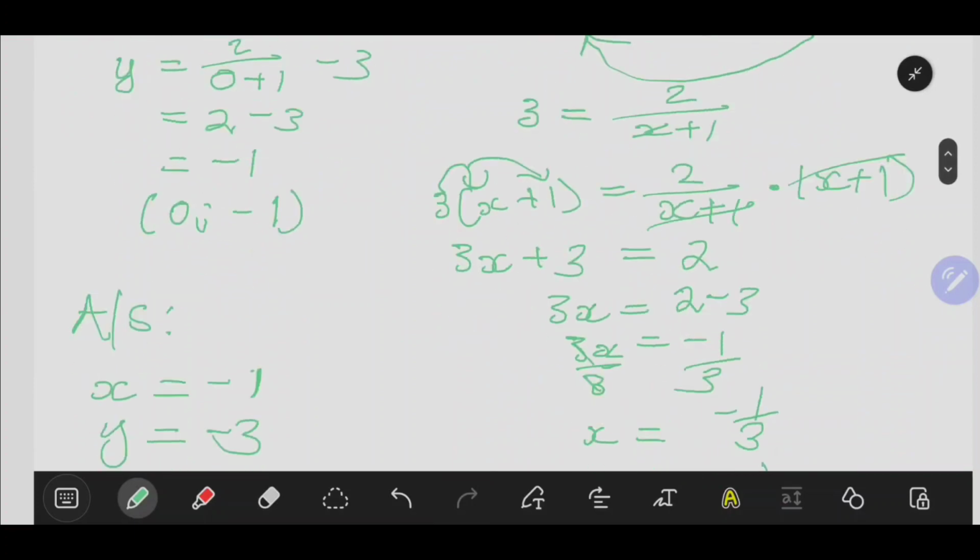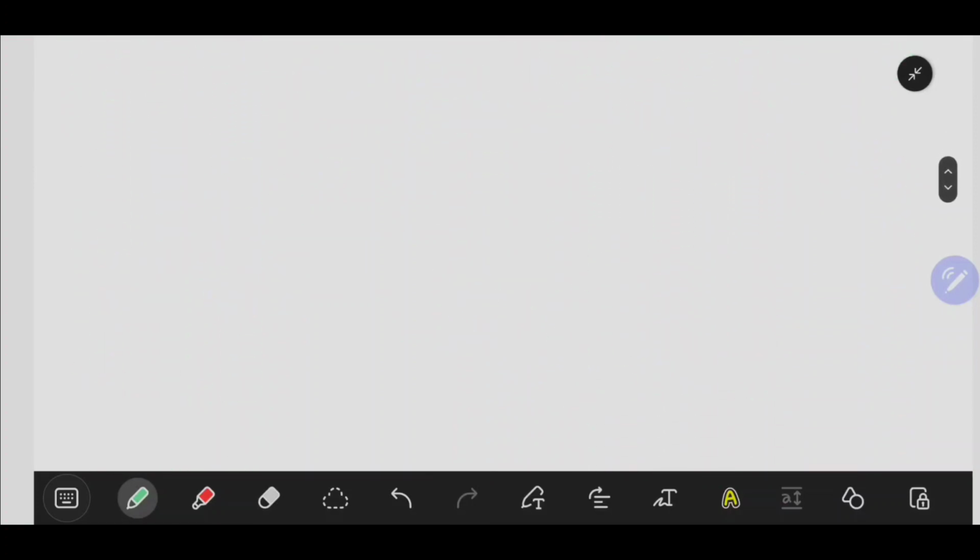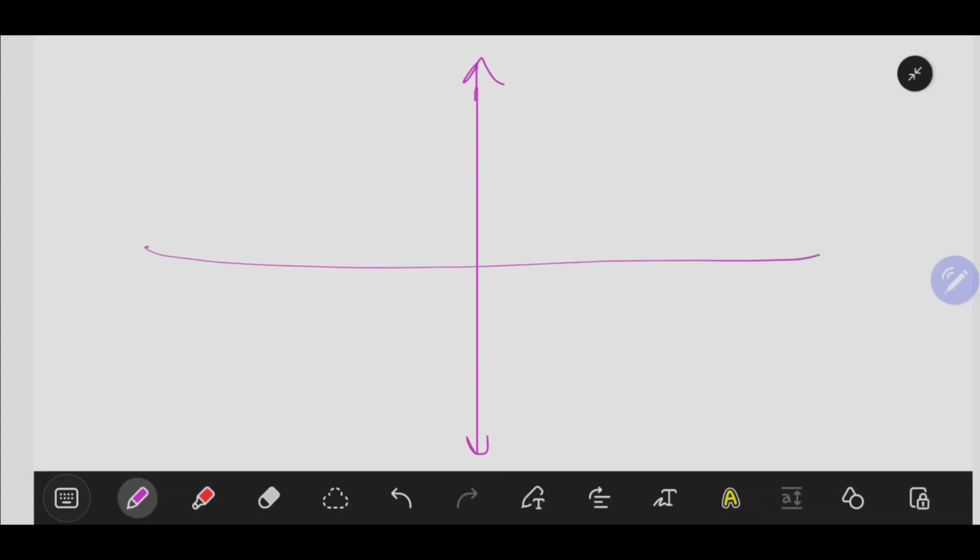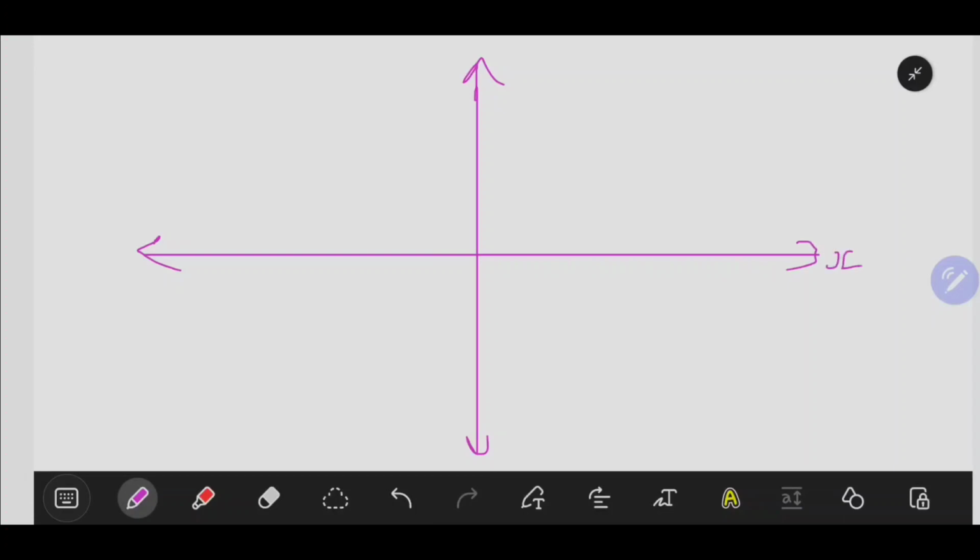Now you can sketch your graph, right? So let's try to sketch this graph. These are the x-axis and the y-axis.